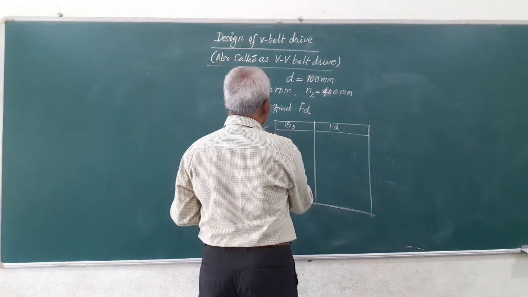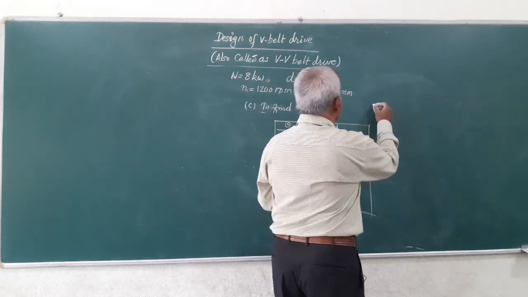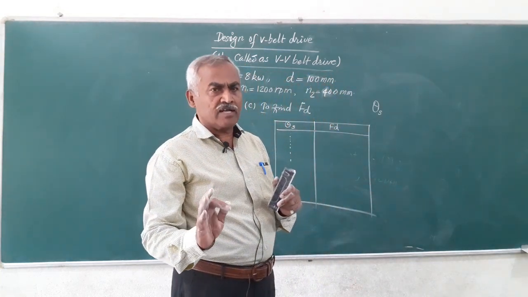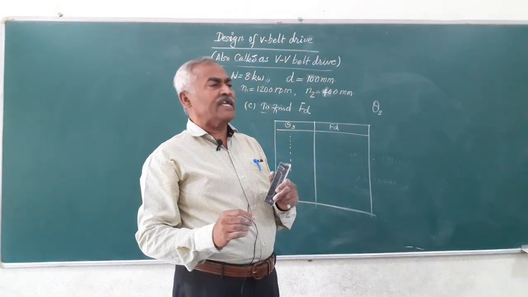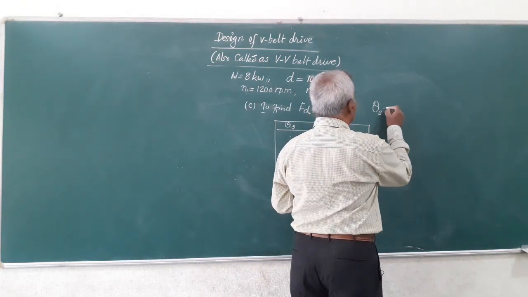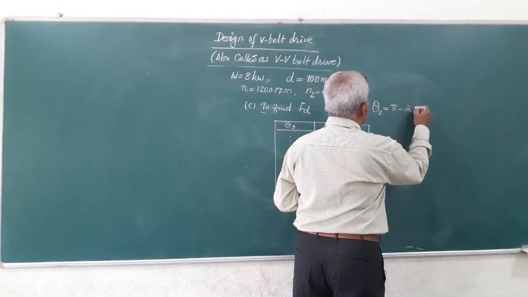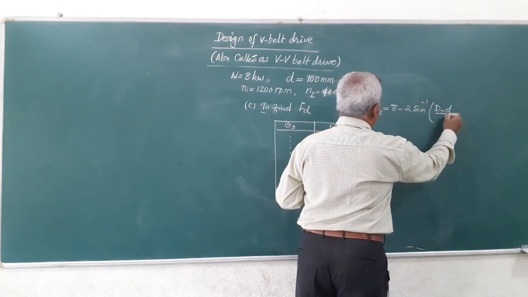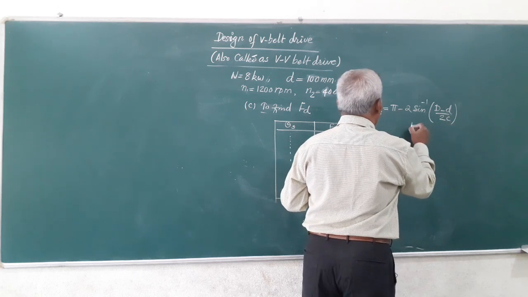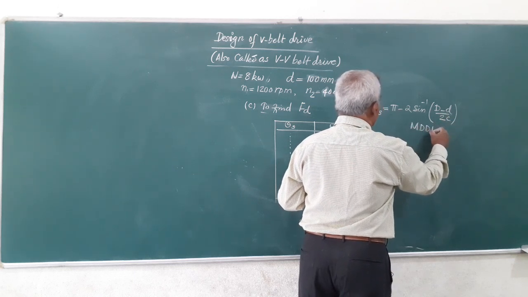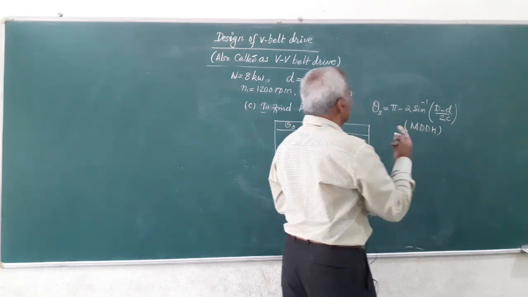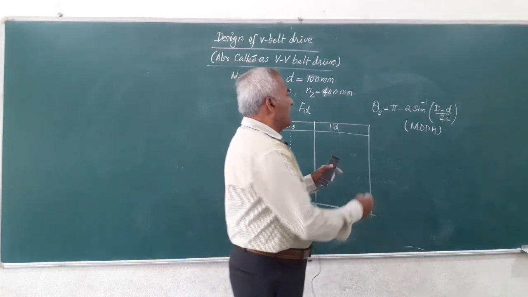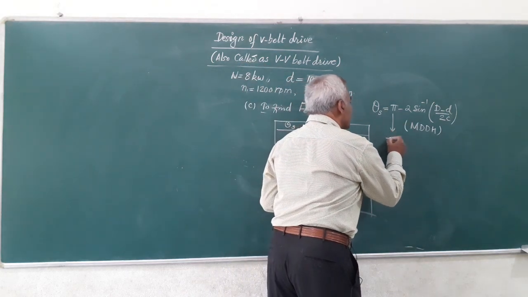Friends, here let us see what theta s is. Theta s, you know very well, in an open belt drive, the angle of contact on the smaller pulley is lesser than 180 and is given by the formula theta s is pi minus 2 sin inverse of (D minus d) by 2c. So, this is again available in the machine design data handbook. So, you need not have to remember this. This pi represents 180 degrees.